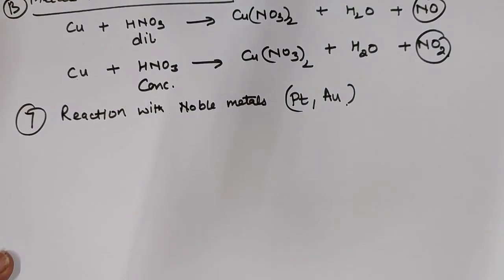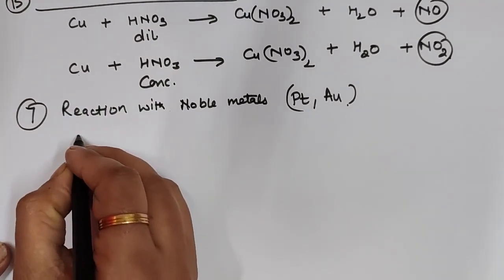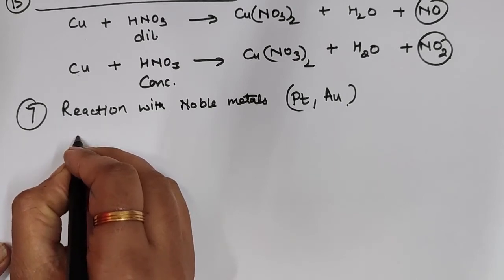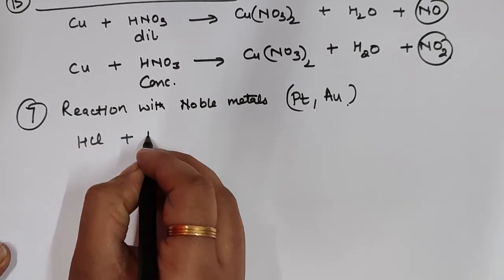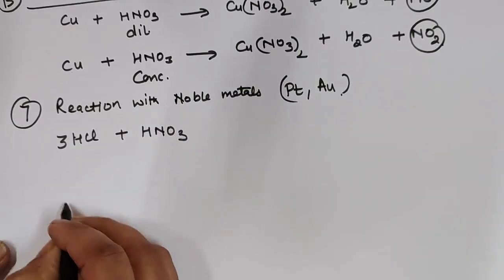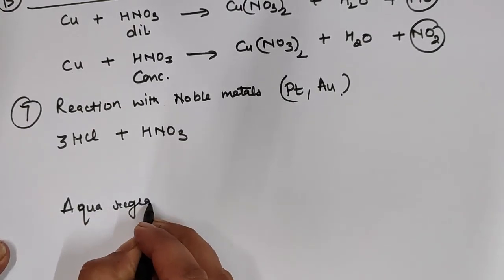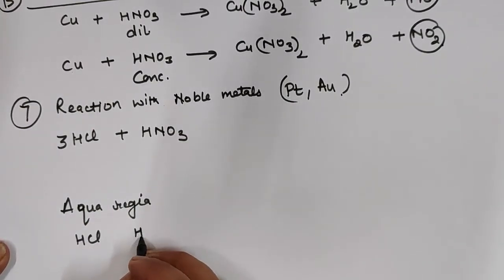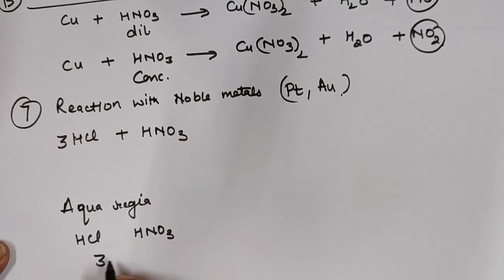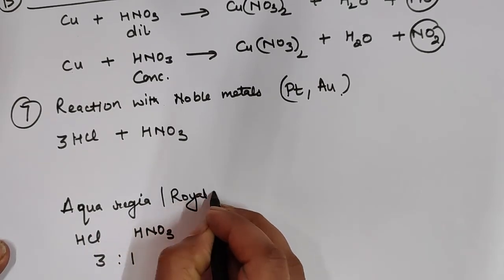With noble metals, nitric acid will not react directly, but we have aqua regia, which is HCl plus nitric acid in a 3:1 ratio. So aqua regia is HCl and nitric acid in ratio 3:1. We also call it royal water.